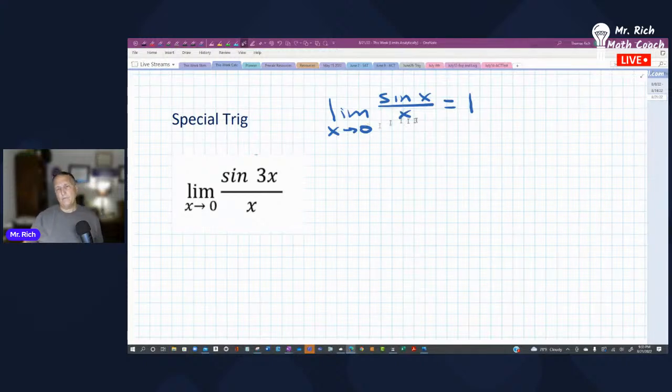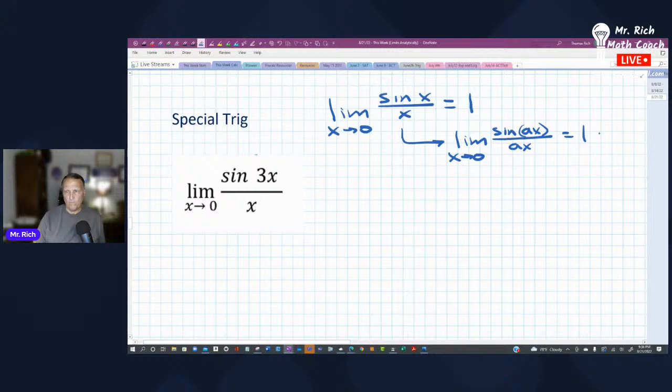And kind of a corollary to this is also another one, that the limit as x goes to 0 of sine ax over ax, that's also equal to 1. Okay, so that is something else that we're going to use. So if a is a constant, then that's also equal to 1.